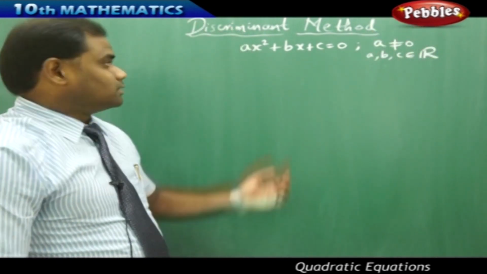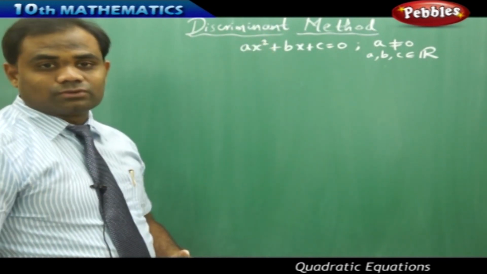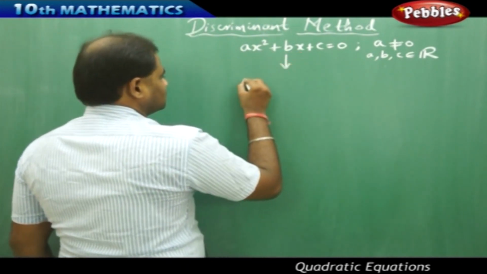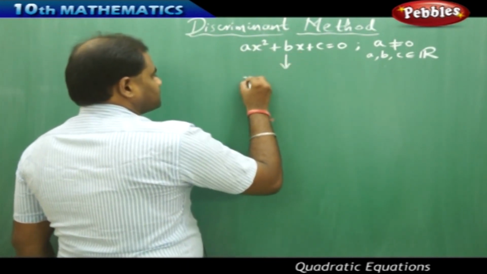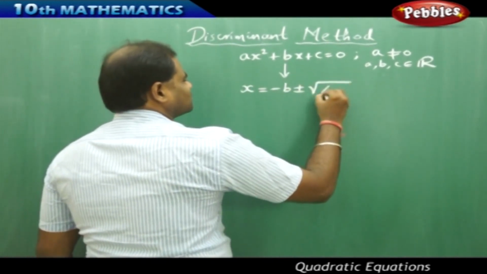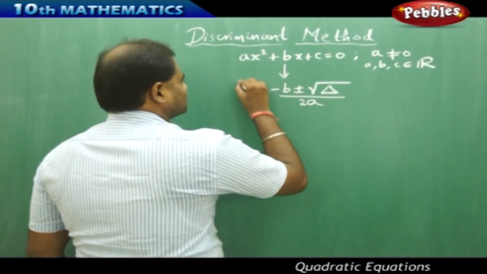We all know that a quadratic equation with degree 2 has at most two roots, and the two roots are given by the formula x equals minus b plus or minus root of delta by 2a.